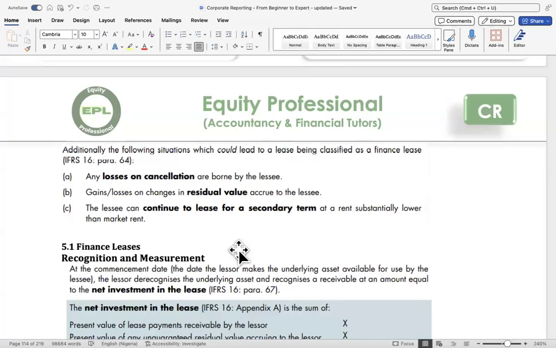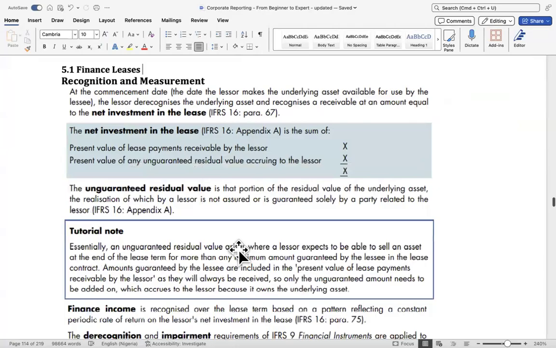Now, let's go to how we then account for a finance lease. I believe we all have the clear understanding that a finance lease is as good as this guy has sold the asset. So with that understanding, at the commencement date, the first thing the lessor would do is to derecognize the underlying asset, and he will recognize a receivable.